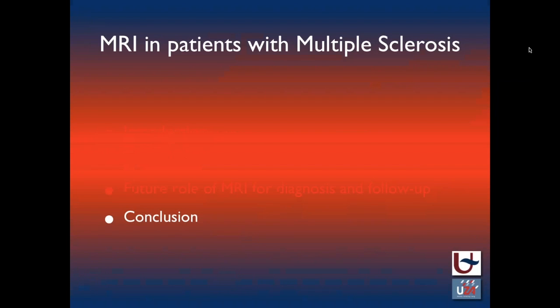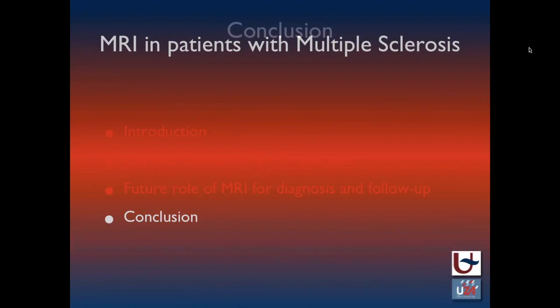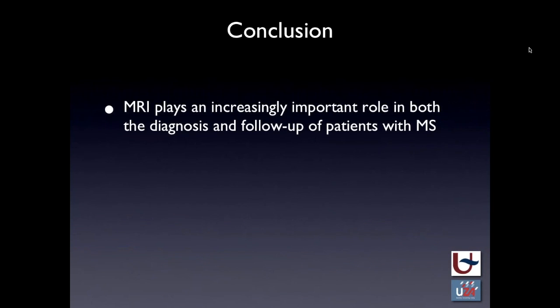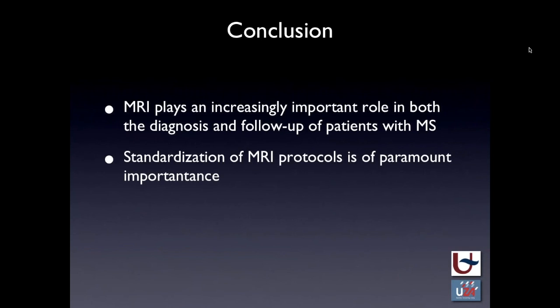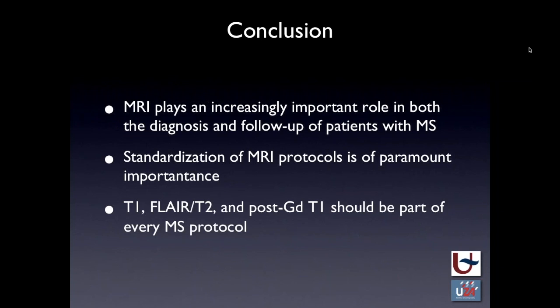So what is the conclusion of this short introduction to imaging patients with multiple sclerosis? Well, first, let me remind you that MRI plays an increasingly important role both in the diagnosis and the follow-up of patients with multiple sclerosis. Standardization of MRI protocols is of paramount importance, and if there's one thing that you will remember, it is to talk with your colleagues to standardize your imaging protocols.